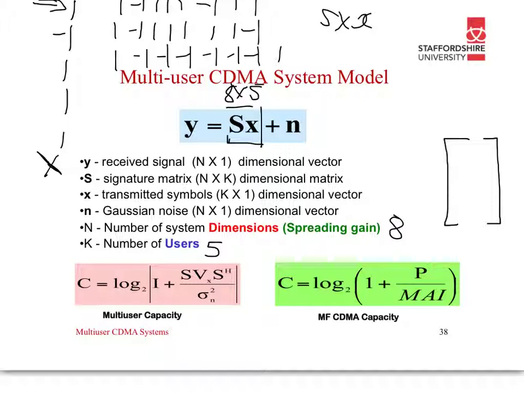I used only five users here, but we've got 1, 2, 3, 4, 5, 6, 7, 8. So in our case, the spreading gain is 8, and the number of users is 5. So S times X is A.